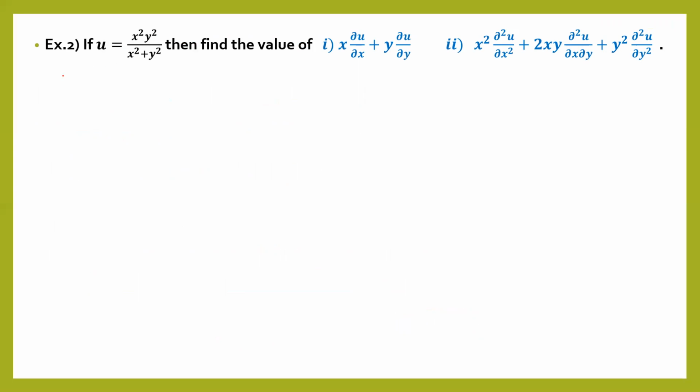Let's solve an example based on this. If we have u as x square y square upon x square plus y square, and we have to find the value of this term and the value of this term, then one way is you can find the partial derivative ∂u/∂x, find ∂u/∂y, multiply this term by x, multiply that term by y, and then take the addition.